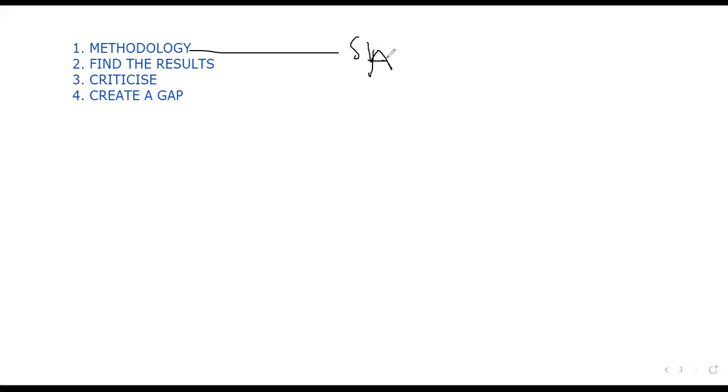And what methodology or approach did they use? They used a mixed method. All right, or let's say they used a qualitative approach. Then what are the results? They found that the higher the mortality rate, the lower the economic output.